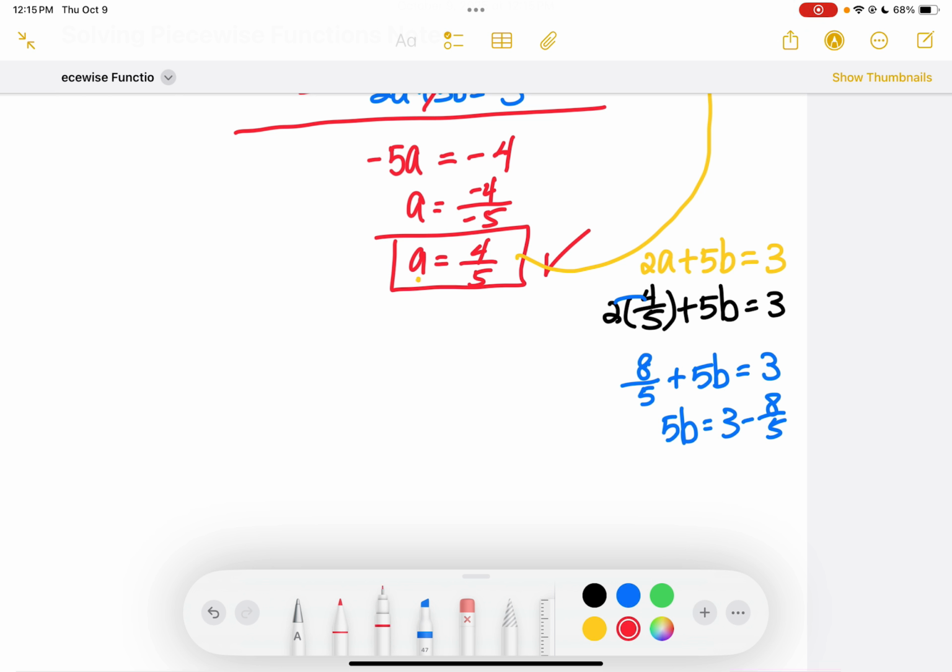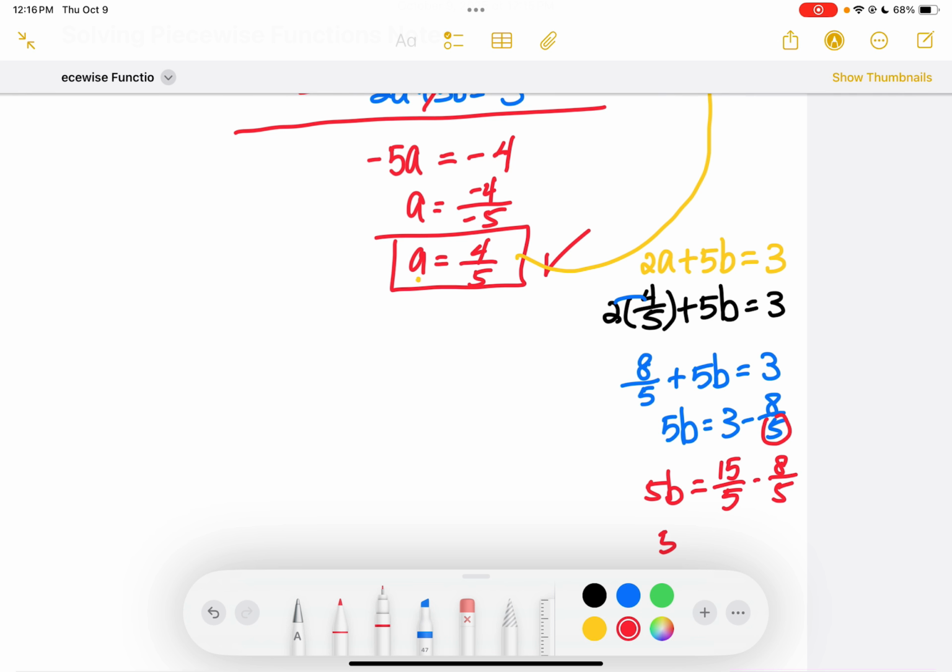So the denominator is 5, so I'm going to make everybody have a 5. So 5 over 5 underneath the 3, that means 3 has to times 5. 3 times 5 will be 15. So it's 15 over 5 minus 8 over 5 equal to 5b.